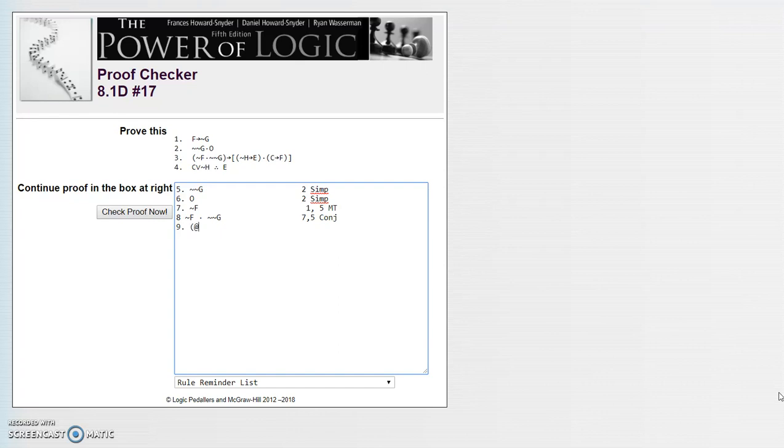Not H, then E, and if C, then F. And that's using the antecedent from line 8 and the conditional from line 3 and using the modus ponens rule.